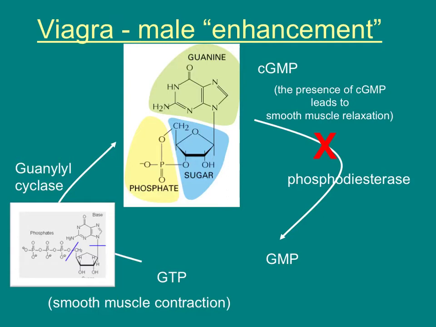They were looking for a drug that could help with smooth muscle relaxation. And when they did this, they found that Viagra functioned very well in the tissue of the penis. For whatever reason, it seems to work really well. And so it allows for smooth muscle relaxation to be continued.